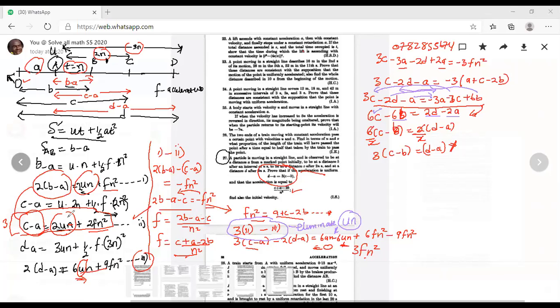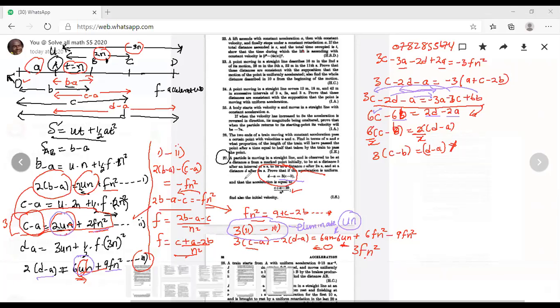Because if I eliminate this one and this one, I would be left with Fn squared and Fn squared, and I would have introduced a D so that I can prove this part. That was the purpose of eliminating Un.